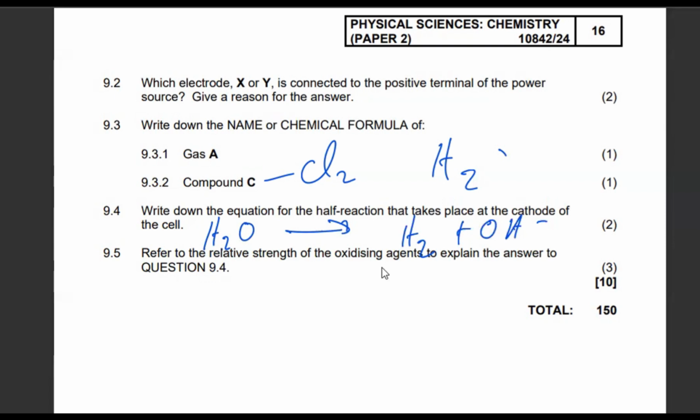When you balance the equation, you will have a 2 here, and since it is negative 2, I will have to add 2 electrons. So that is the answer in that regard.